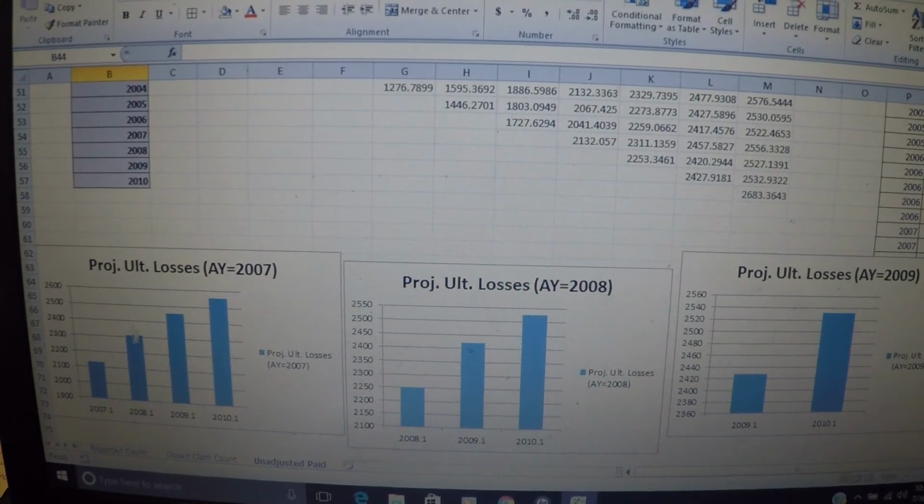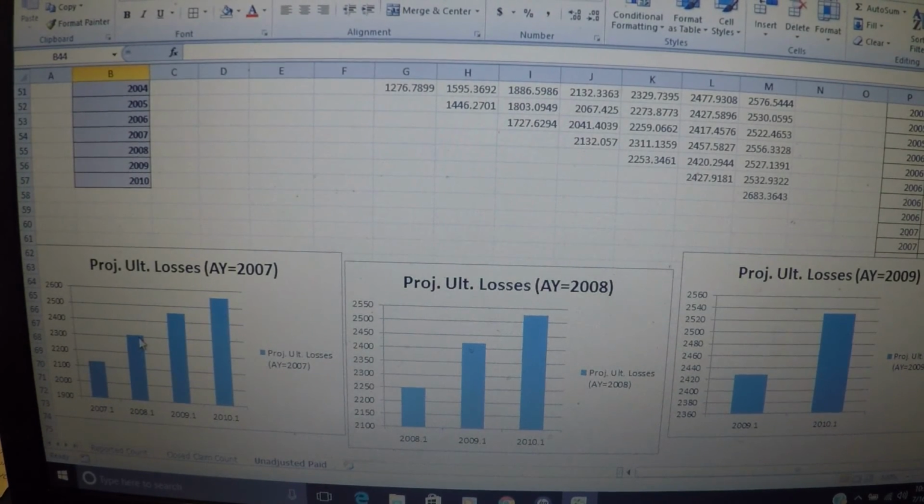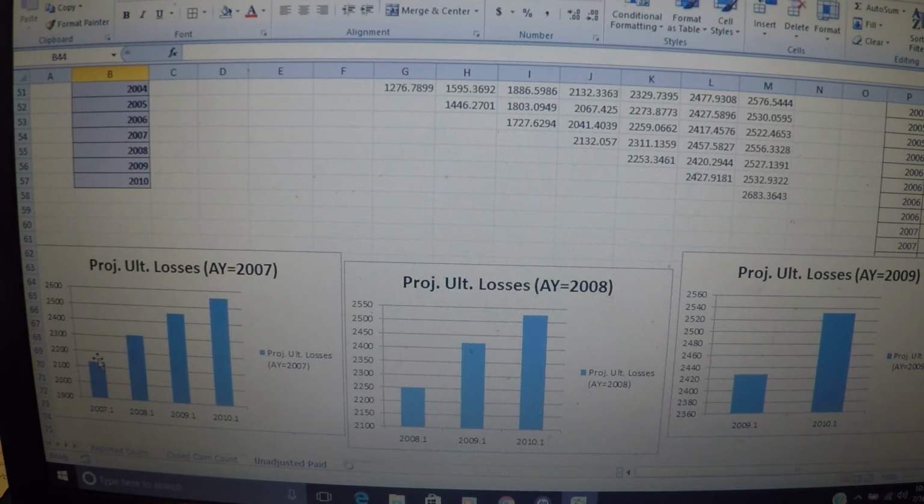That means if I'm the insurance company, I need to set aside more money. That's not really good, because we weren't right. Of course, these are estimates, but I need to set aside more money the next year. Another year goes by, it's now 2009 quarter one, and this is saying I need to set aside even more money.